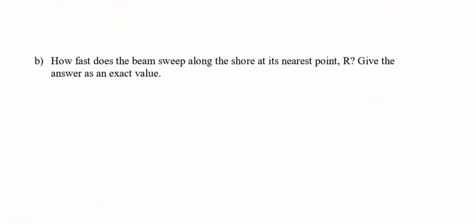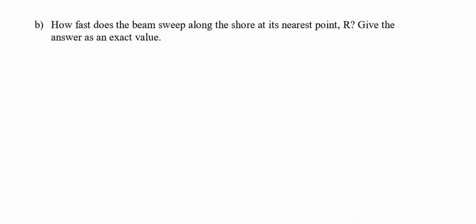All right, part B. How fast does the beam sweep along the shore at its nearest point R? Okay, so in this case, you've got your lighthouse, and we've got R. So we're saying when it's straight across, so if this was still our S over here, then we're making a tiny little triangle, or a more acute triangle.